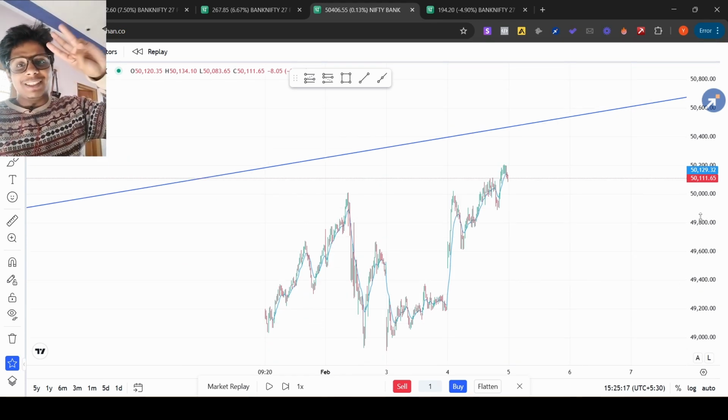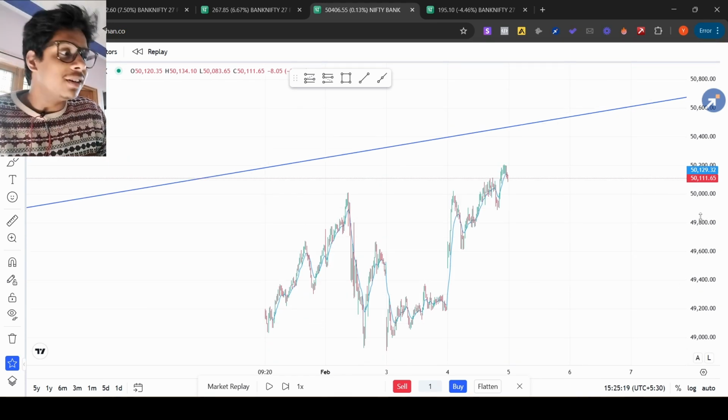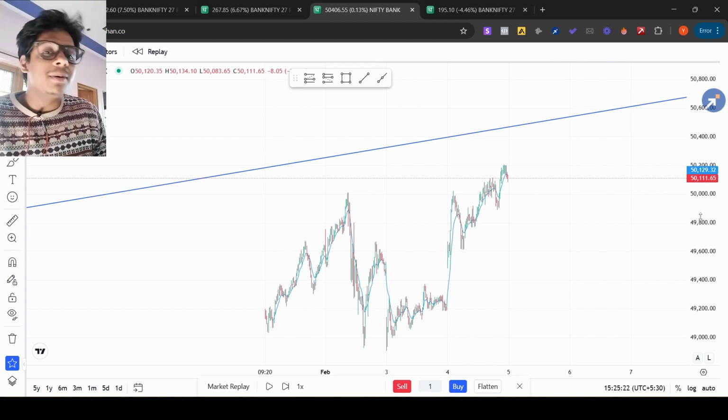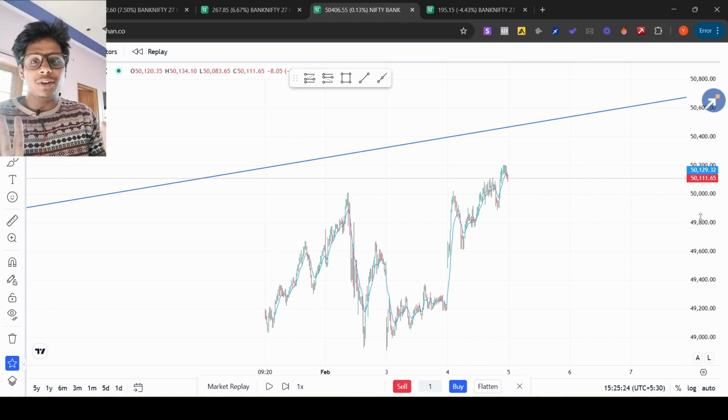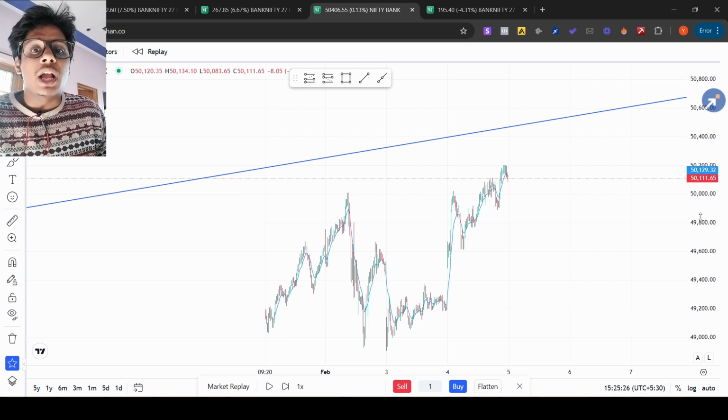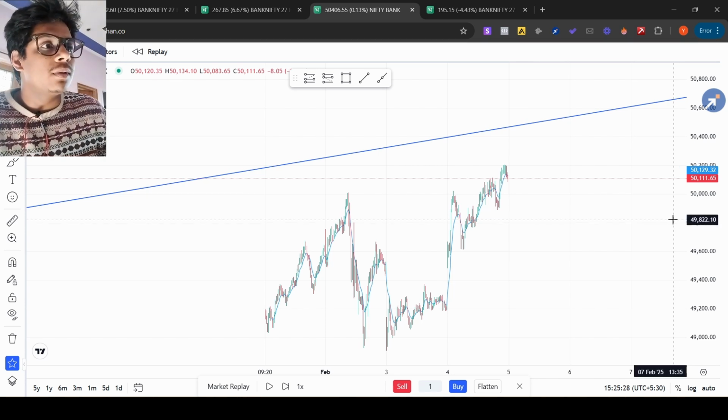So I've taken three trades on the 5th of Feb 2025 and all three were pretty bad losses.